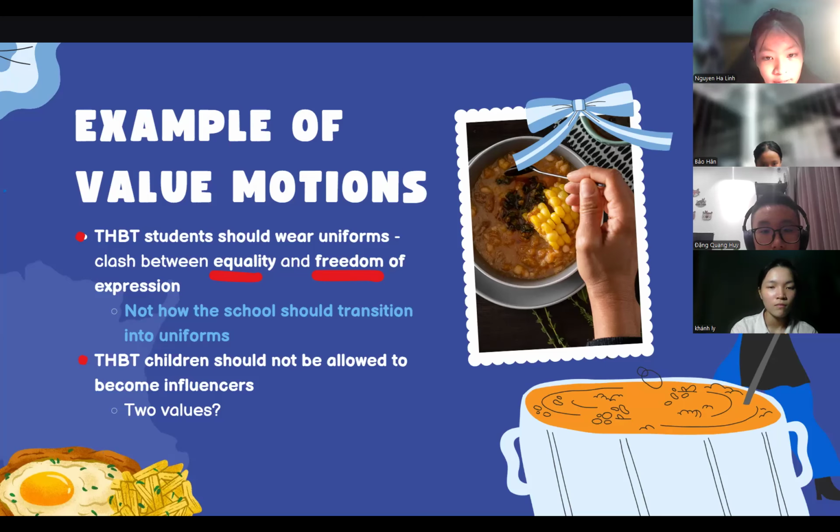So I think the two values are between the stability and the riskiness of being an influencer, because being an influencer doesn't always mean that you will get popular and you will get huge success. So it will risk your time, your effort, and maybe you will receive almost nothing.